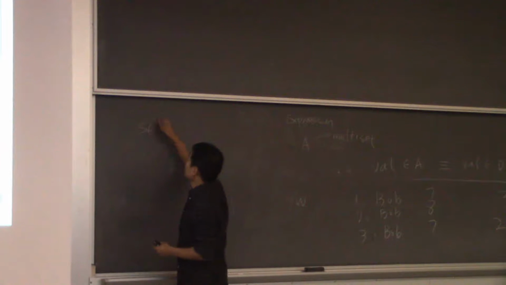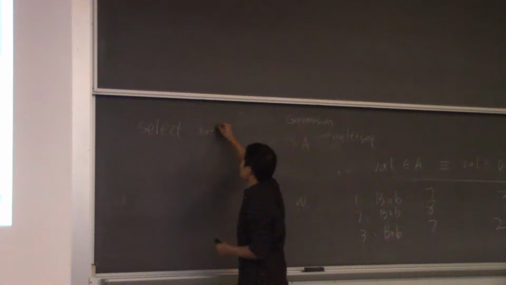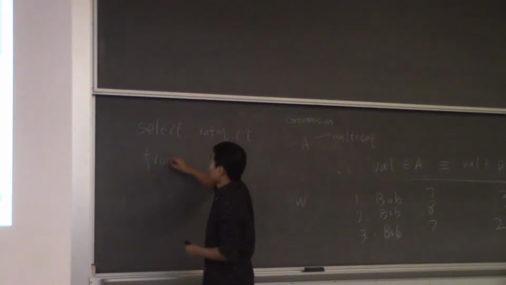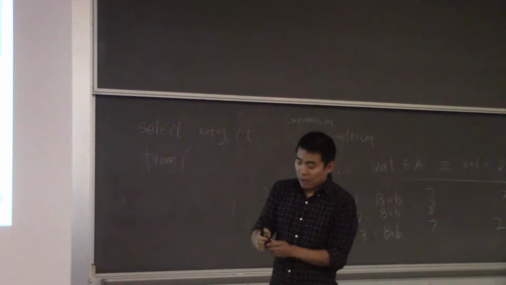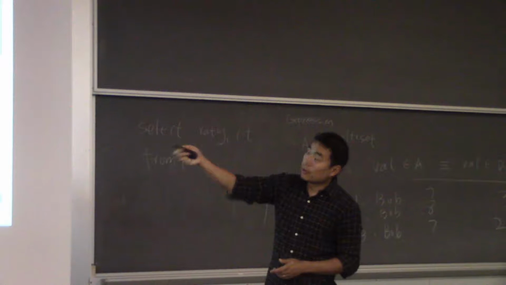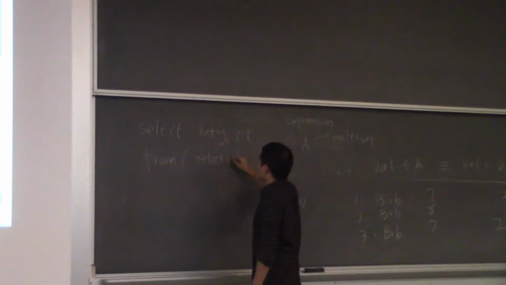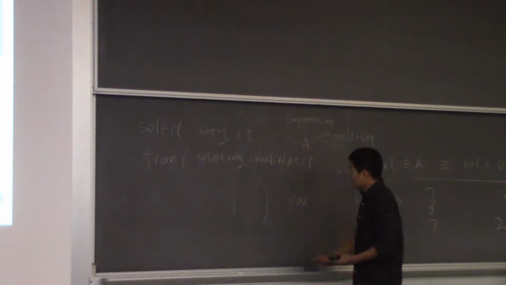I do select, I call it CT, from. My from will be from here to here, but in that I rename this as select rating, count star as CT. So I rename this so that I can project it out.